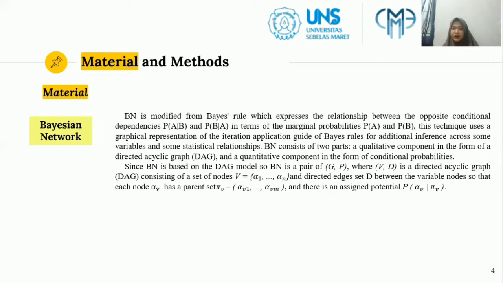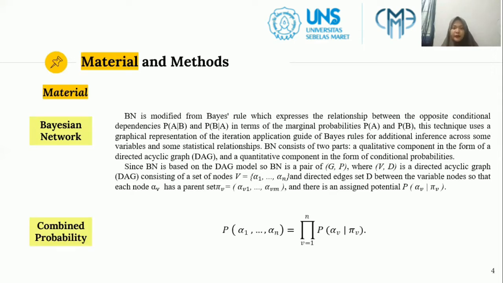Since BN is based on the DAG model, BN is a pair (G, P) where G is a directed acyclic graph consisting of a set of nodes V equal alpha 1 until alpha n and directed edge set D between the variable nodes, so that its node alpha V has a parent set PV equal alpha V1 until alpha Vm, and there is a conditional probability of alpha V given PV.